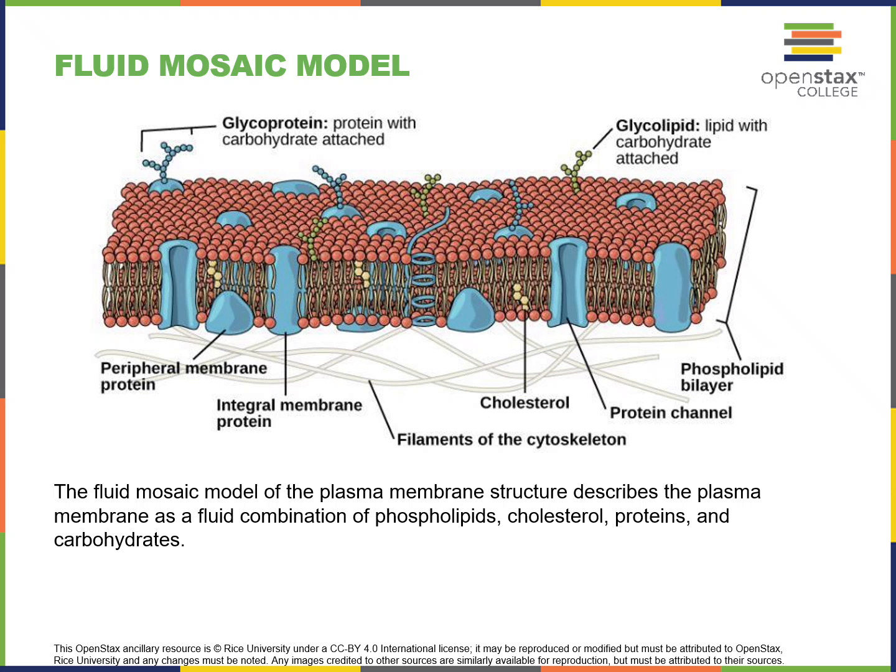So we talked a little bit about that fluid mosaic, or that phospholipid membrane. The fluid mosaic model basically just states that all of these structures within the cell membrane are fluid, movable, and still will maintain integrity.